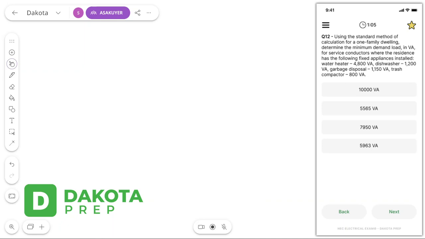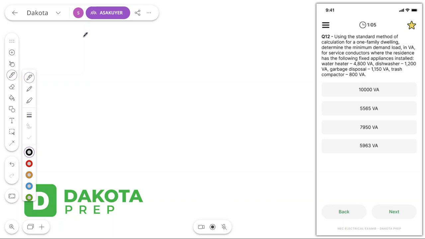Okay, so the reason this is a little funny is appliances for a dwelling unit are sized two different ways. They either fall in the general small appliance branch circuit requirements for kitchens, that's found in 210.11, I want to say C1.